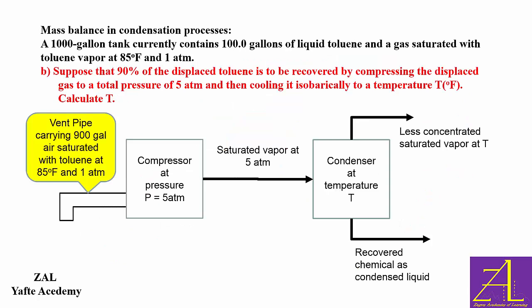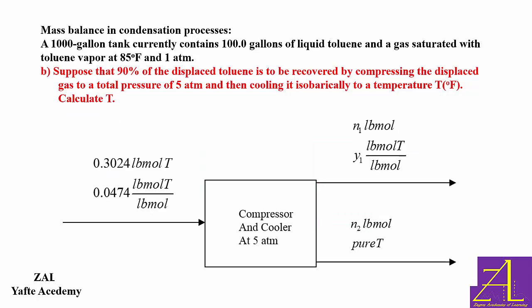In part B, we want to recover 90% of toluene. In this part, we are looking for a temperature that we need to operate our cooler so that we achieve 90% recovery. So this temperature is the unknown in the problem, and it is a mass balance problem. We draw a flowchart for this problem.